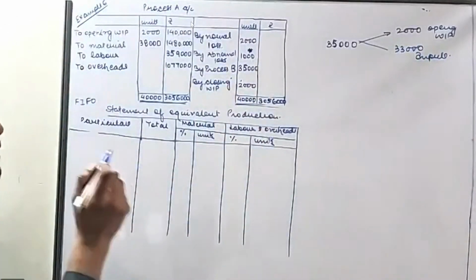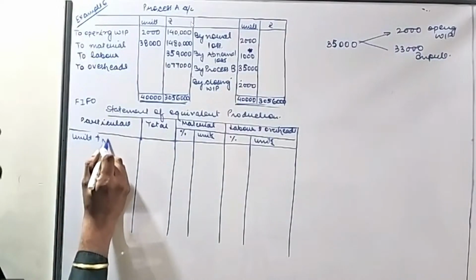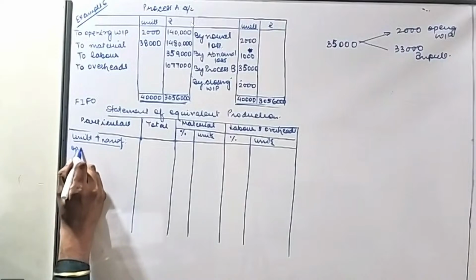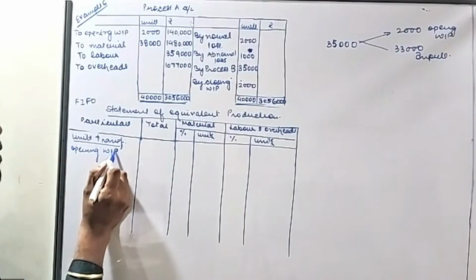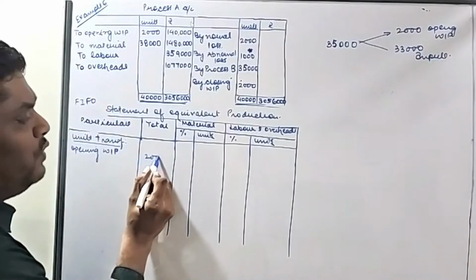So let's start with units transferred first. When talking about opening work in progress, the number of units are 2,000.